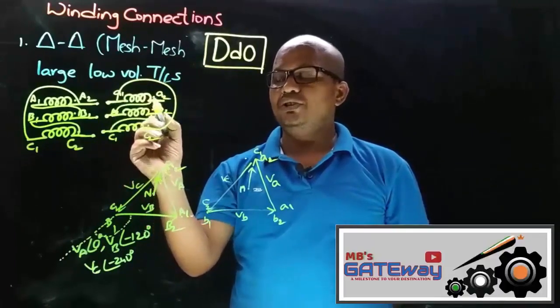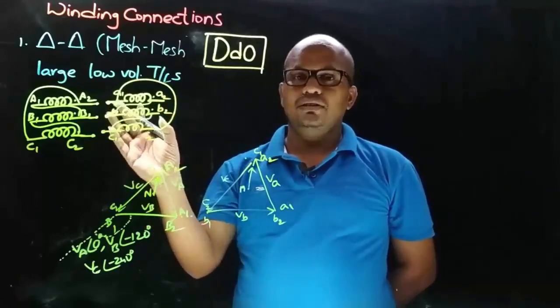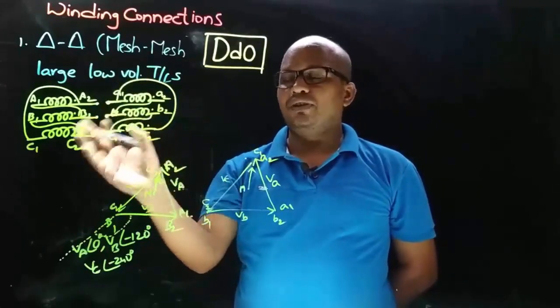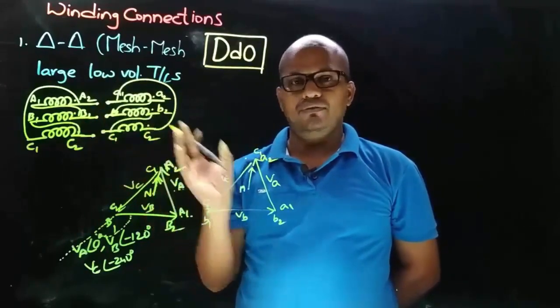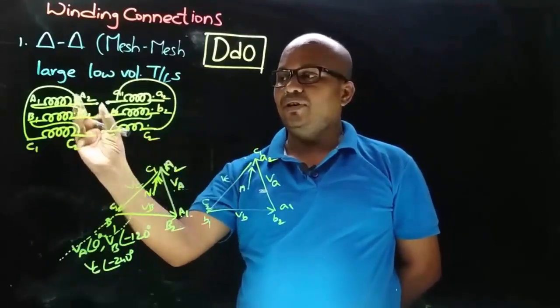Okay, and we join here dot end with non-dot end. So this is the other way of obtaining delta connection. Okay, so for this now we need to draw the phasor diagram. Okay, for understanding, let's draw the phasor diagram for this connection.